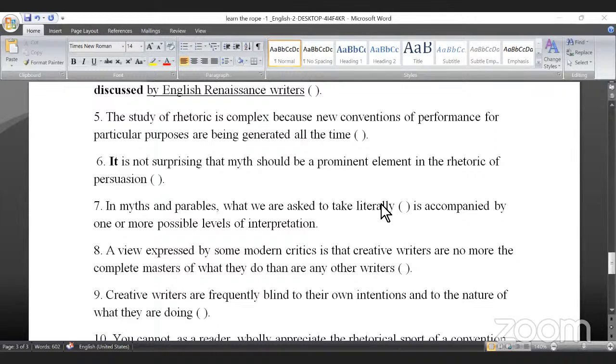You have your subject here, followed by is accompanied, the passive form of the verb, followed by your object. Clear case of a noun clause. Can you all observe it? This is easy.